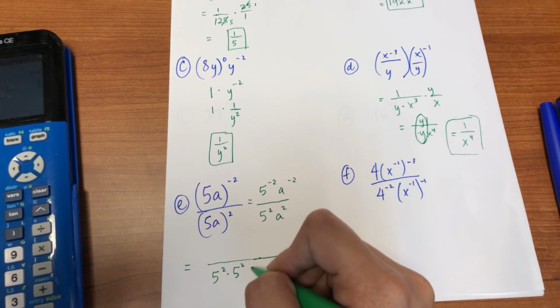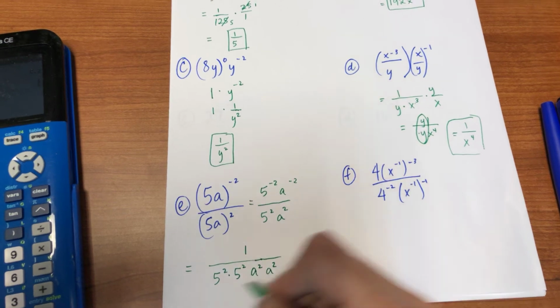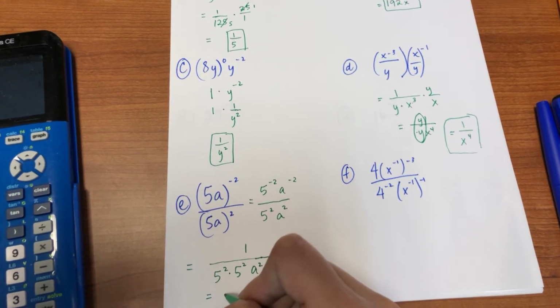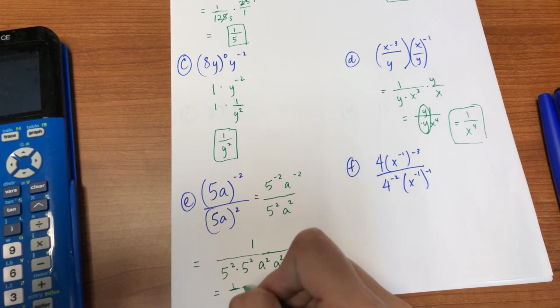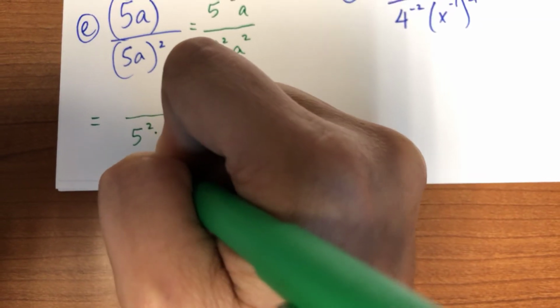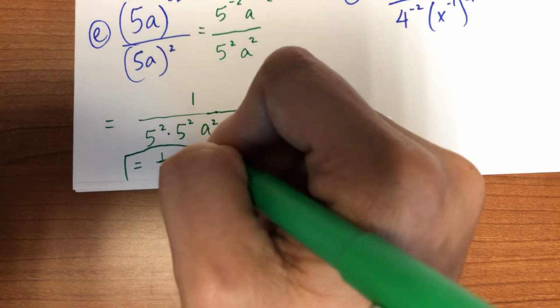The same thing with a squared times a squared. So ultimately you end with 5 squared would be 25 times 25, which would be 1 over 625a to the 4th power. Ran out of space on that one.